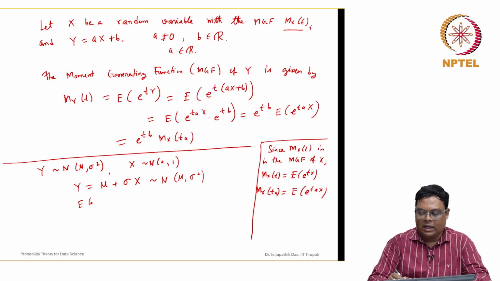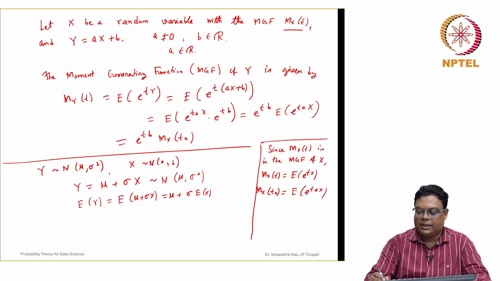The expected value of y is the expected value of mu plus sigma x, where mu is a constant, plus sigma into the expected value of x. Now x is normal 0, 1, which implies the expected value of x is 0 and the variance of x is 1. So the expected value of y is mu.